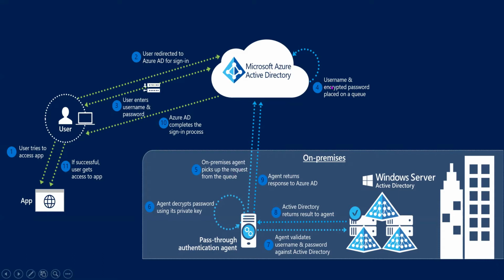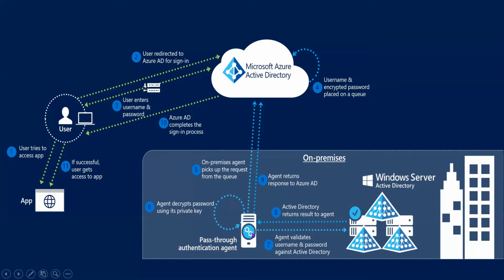Right now, the request was in the queue, the password is in encrypted form. Okay, now the pass-through authentication agent has picked up this request. Now sixth, the agent decrypts the password using its private key. Okay, so the sixth step is done.